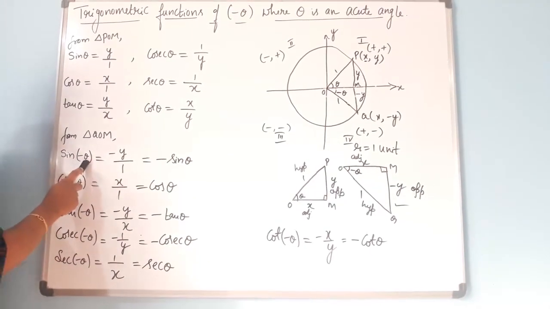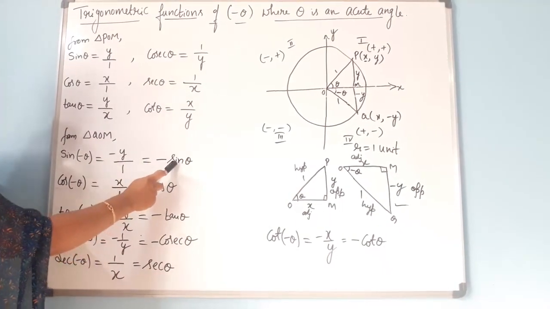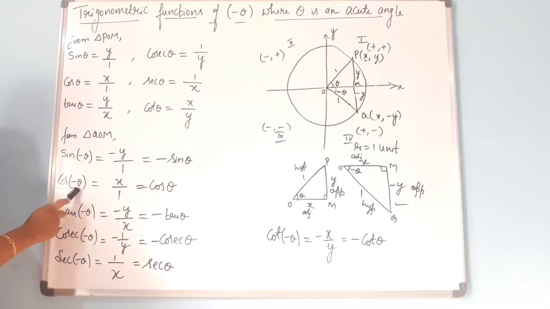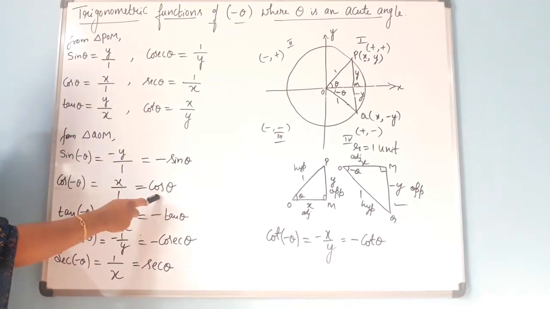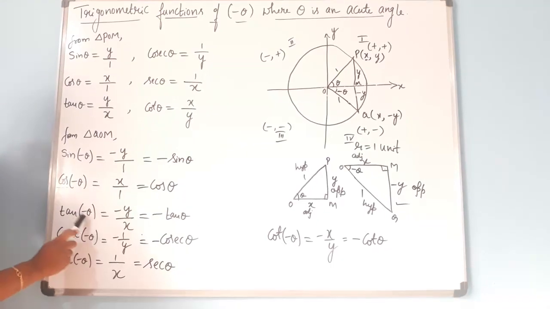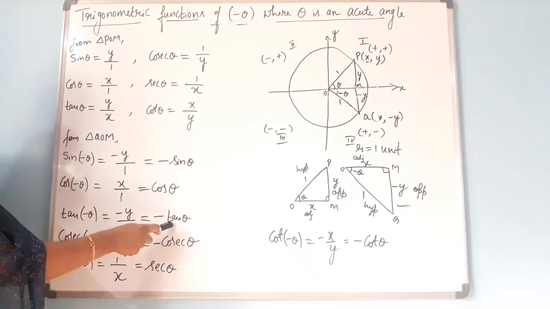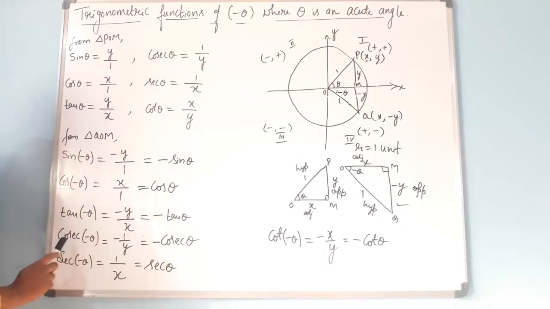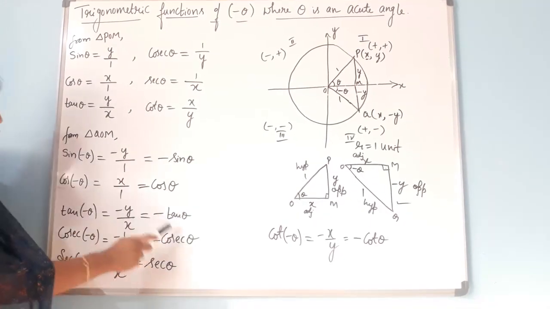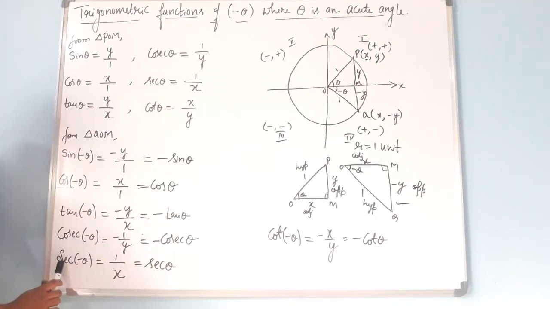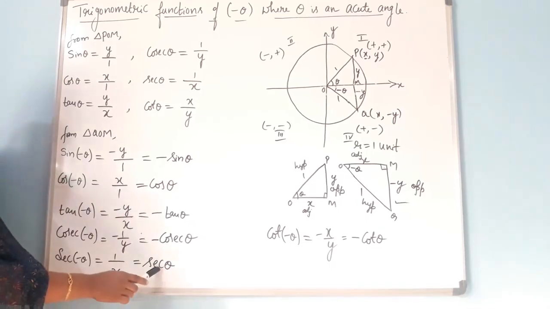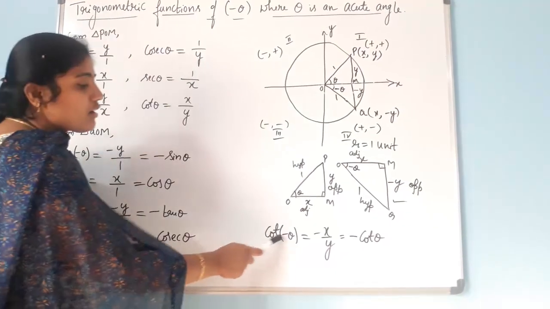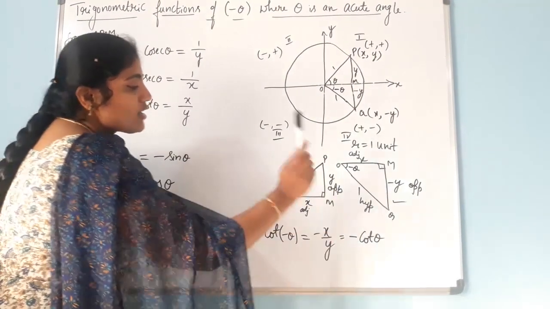Sine of minus theta we are getting as minus sine theta. Next, cos of minus theta. Cos of minus theta is cos theta. So what is tan of minus theta? Tan of minus theta is minus tan theta. So cosecant of minus theta is minus cosecant theta. Secant of minus theta is only secant theta, and cot of minus theta is minus cot theta.